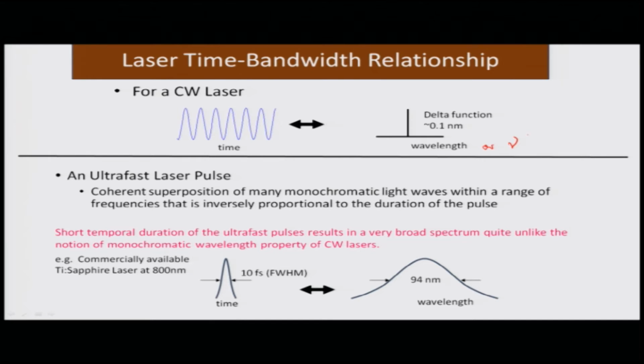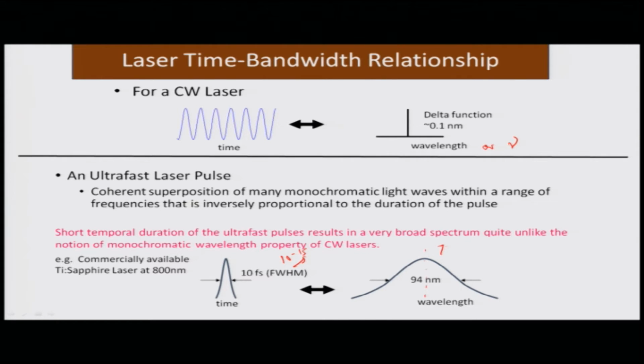an ultra fast laser pulse is therefore a coherent superposition of many monochromatic light waves within a range of frequencies that is inversely proportional to the duration of the pulse. So, for instance, a 10 femtosecond pulse width, femtosecond is 10 to the minus 15 seconds, corresponds to say in wavelengths 94 nanometers around the center frequency. This is a titanium sapphire laser.